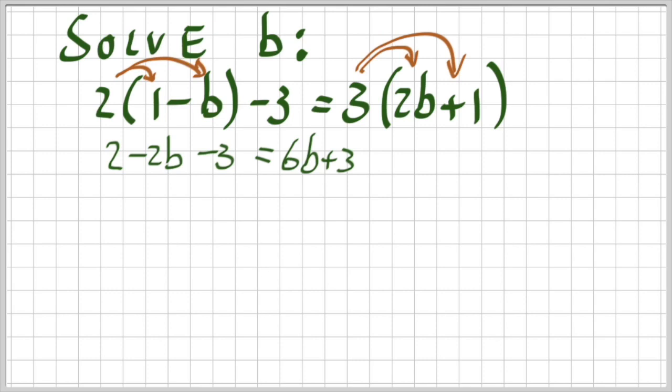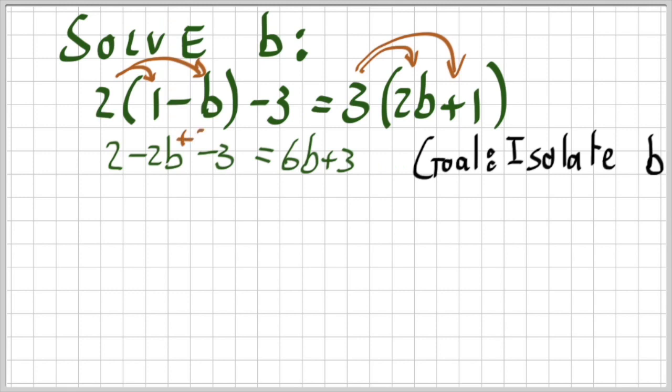Now, this is a normal linear equation because there are b's, there are no b squareds or funny b's. So I'm going to set my goal as trying to isolate b, which means I'm going to get b alone. I'm going to choose the right-hand side because of that negative 2b.